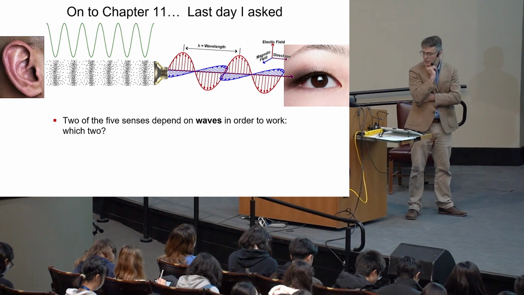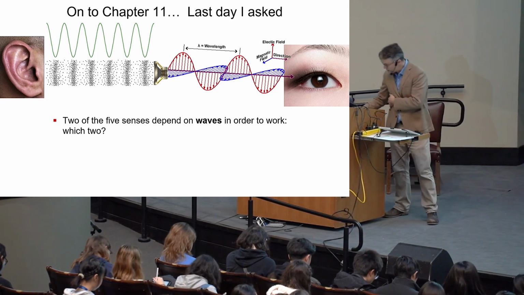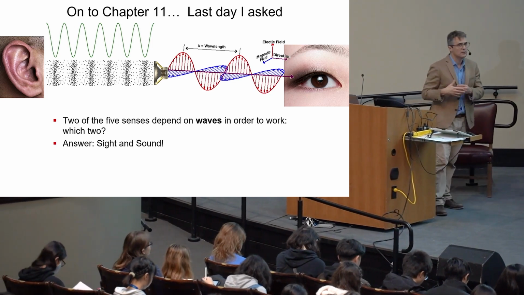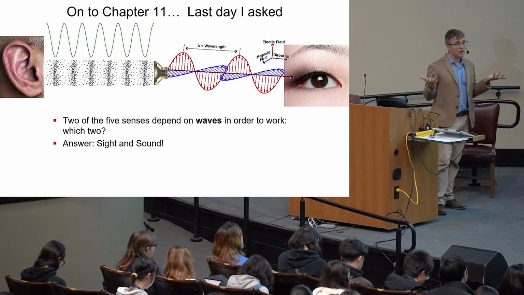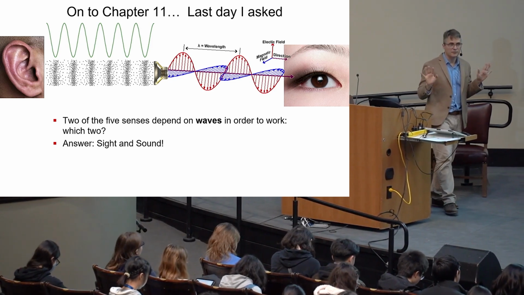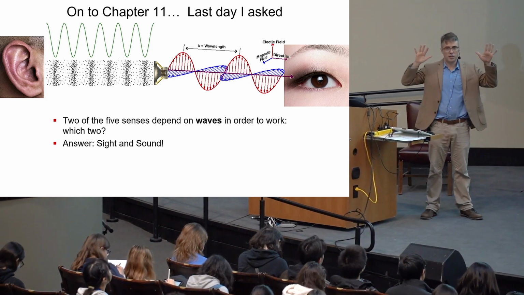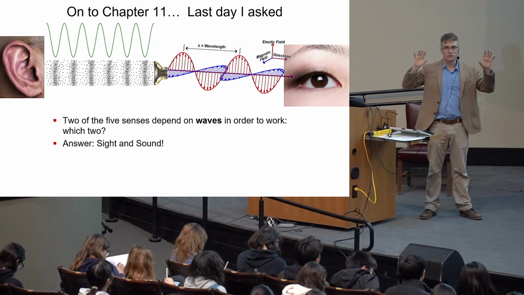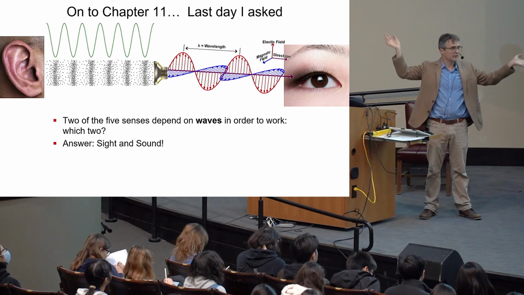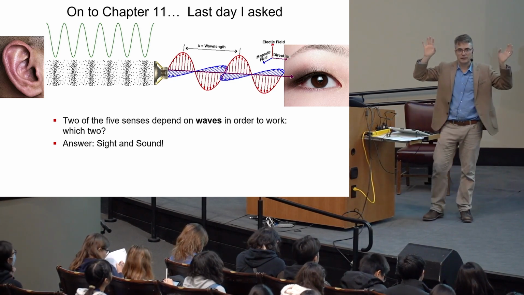It's all about waves. And the idea here is that sight and sound, these senses both rely on waves, very different kinds of waves. Sound waves are actually pressure waves in the air. Air molecules are filling this room at a high pressure.